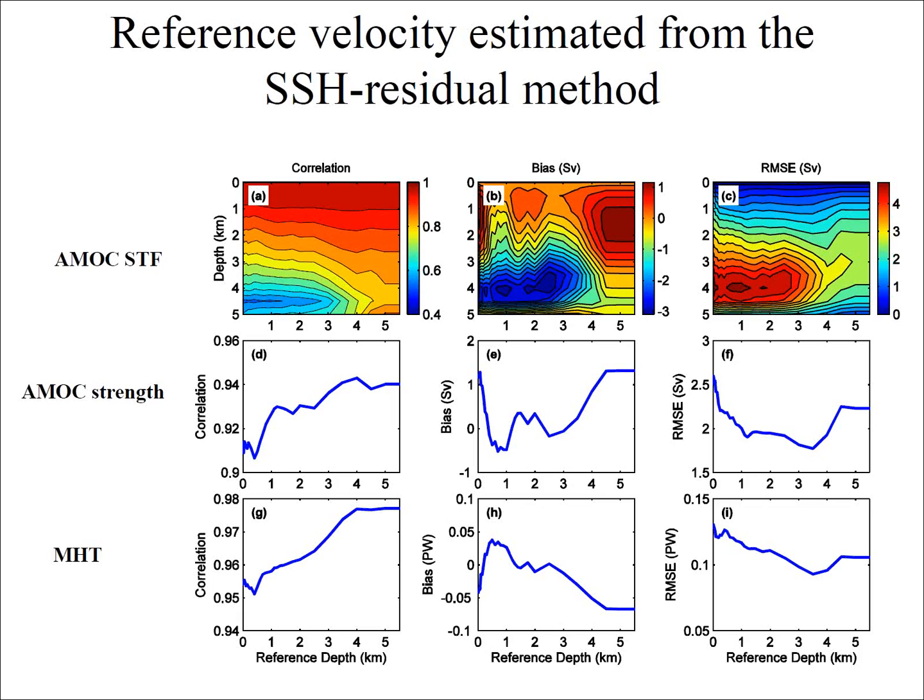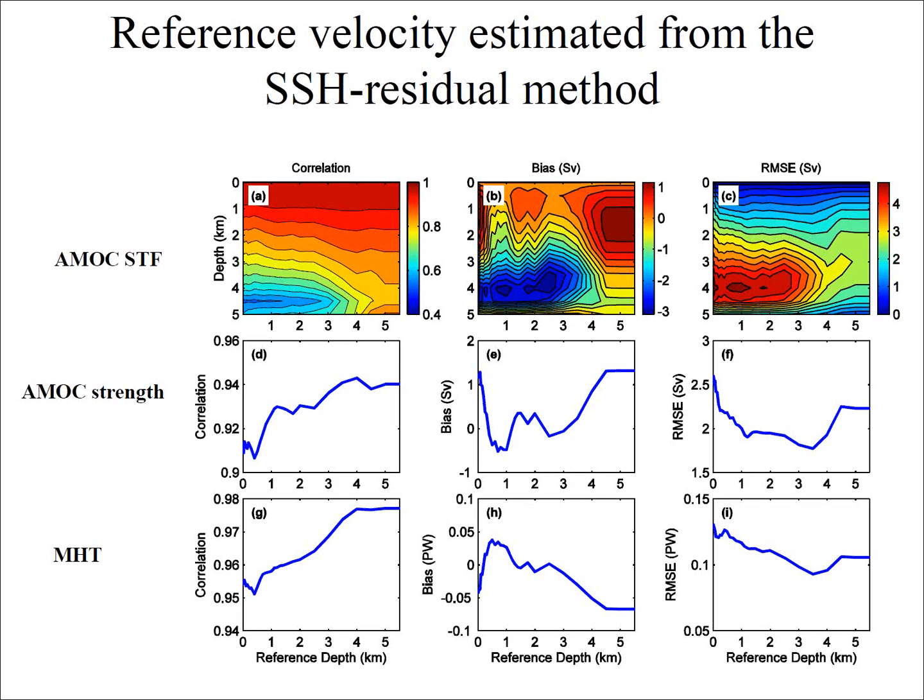And as you go deeper, you decrease this bias, up to a certain point, and it's really close to the 3,700 meters that we use generally for the reference depth. So this seems to be a good candidate for the best approximation we could have.